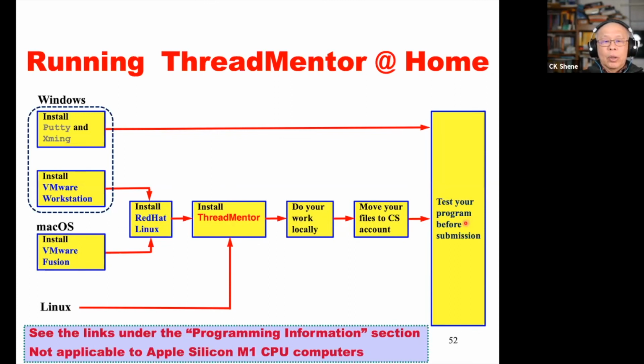It's all done. So see the links under the programming information section of the course information page. It tells how to submit, how to install Putty, and how to set up Xming, and how to find VMware Workstation and VMware Fusion, and so on and so forth.